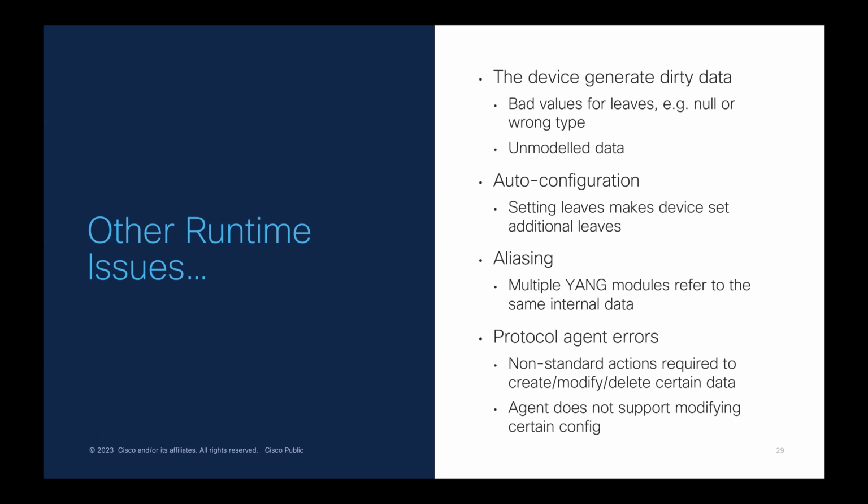Another class is devices which return unmodeled data, i.e. data not specified in the YANG model. We've also seen badly implemented protocol agents. In particular, this seems to apply to RESTCONF. An example of this is that non-standard operations are required to deploy a configuration.